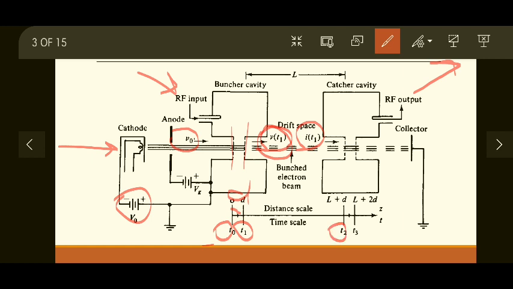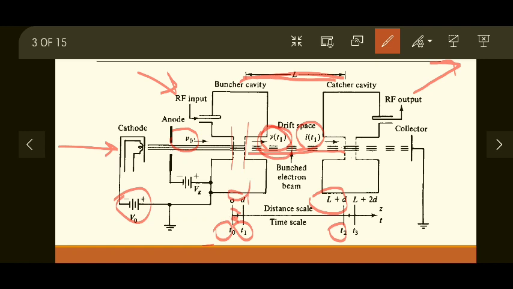The distance between the entry point of the catcher cavity gap and the exit point of the buncher cavity gap is L plus d, because the drift space has a length of capital L, and this is the d. So L plus d is the distance from the start of the velocity modulation process to the end of it.